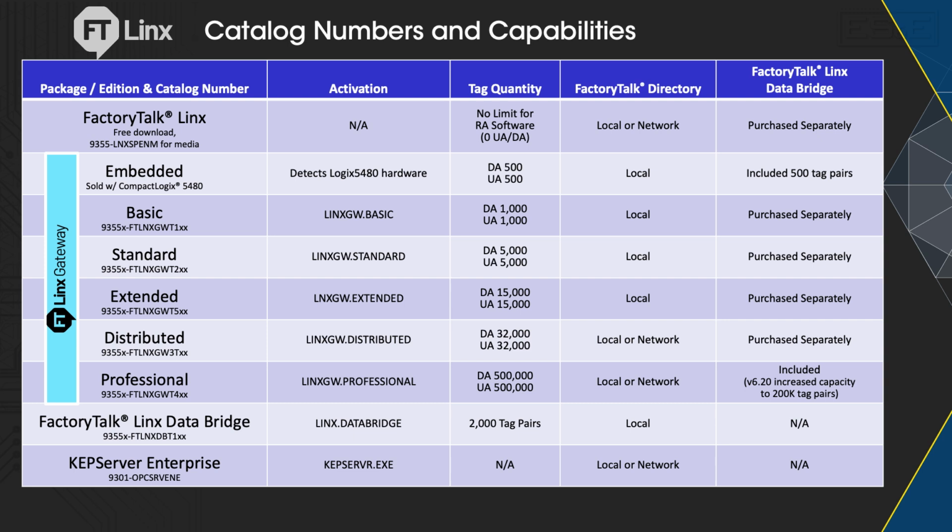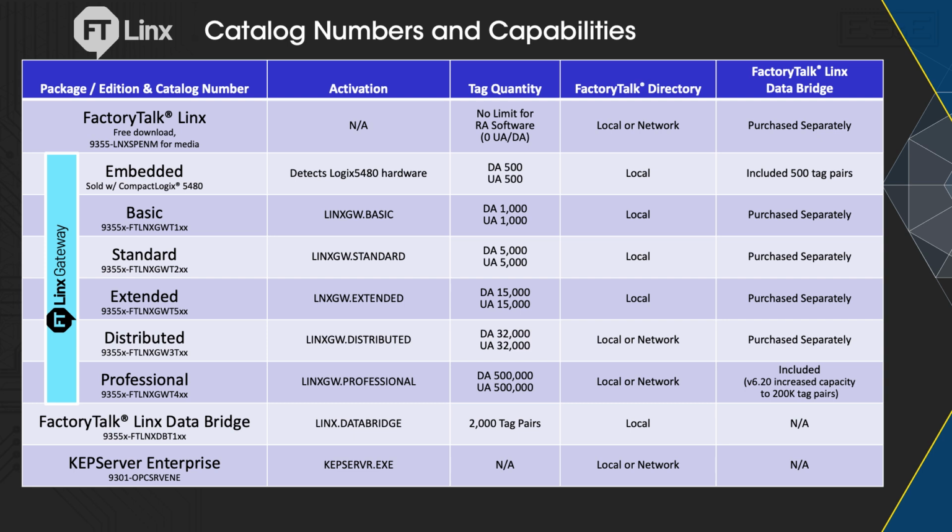So with FactoryTalk Link, you got the embedded one, right? That's actually embedded in the controller, the 5480 hardware, right? You get a DA of 500 tags and a UA of 500 tags, right? But then you start getting into software versions that you load on a PC and you can see the tag counts that you're going to be dealing with and how high they go. There is something called Data Bridge.